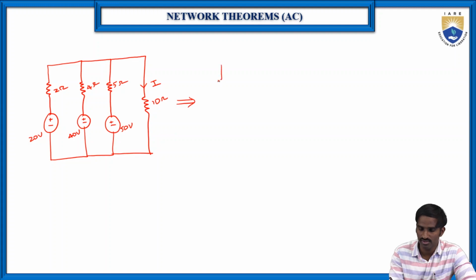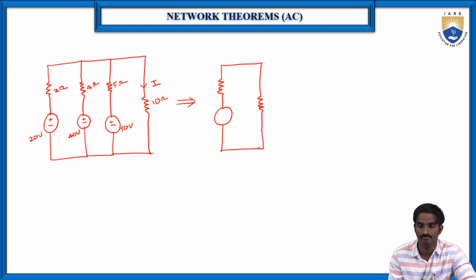That equivalent circuit consists of the equivalent resistance and the total voltage, all connected in series, because these are voltage sources connected in parallel. Let us consider here it is V, here it is R, and here it is RL.